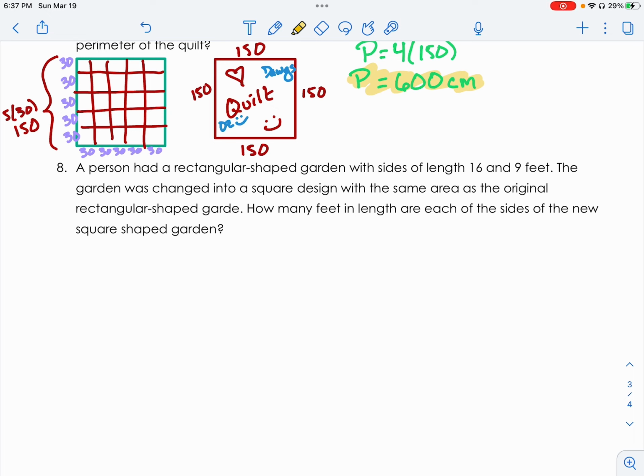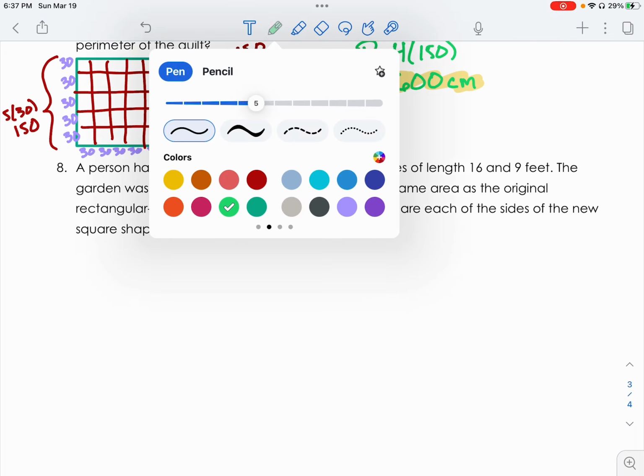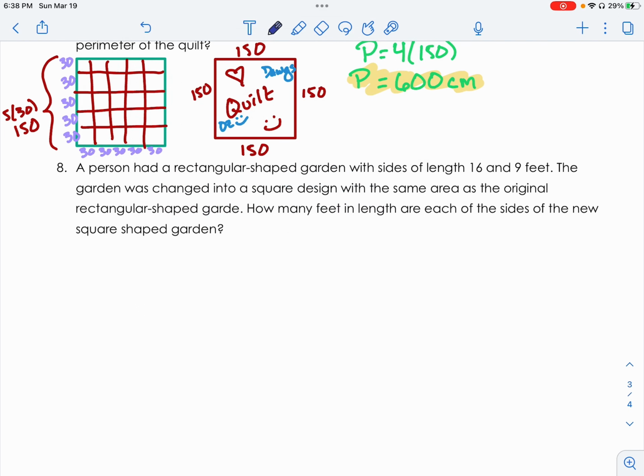So a person has a rectangular shaped garden with side lengths of 16 and 9 feet respectively. So here's our garden. Beautiful. 16 feet, 9 feet.